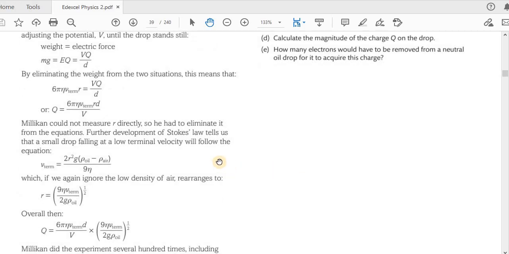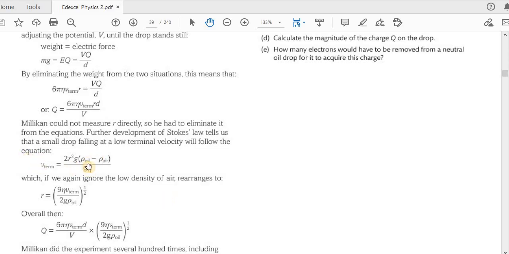You can see the Stokes' law, Stokes force, which if we again ignore the low density of air, rearranges to this. The density of air is low, so we can make it 0. Then we get this equation when we make R the subject of the equation.